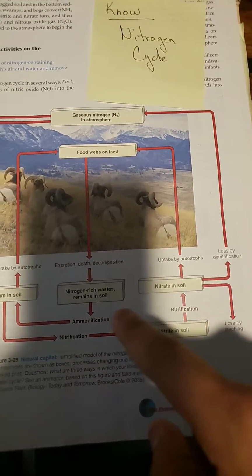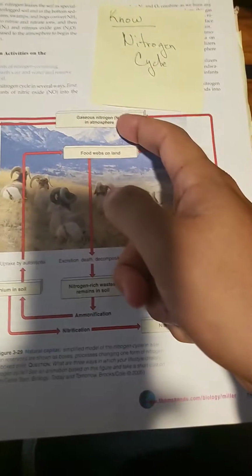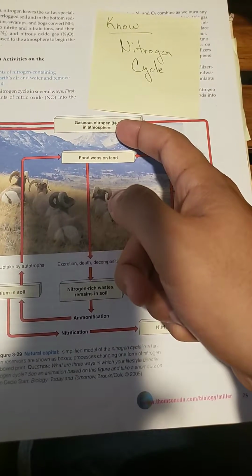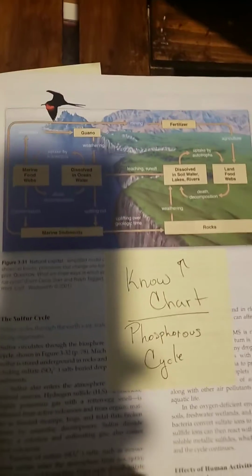Then nitrification, nitrate in the soil, then nitrate. Some of that soil is denitrified, so it's just lost into the atmosphere and again becomes just nitrogen gas in the atmosphere.